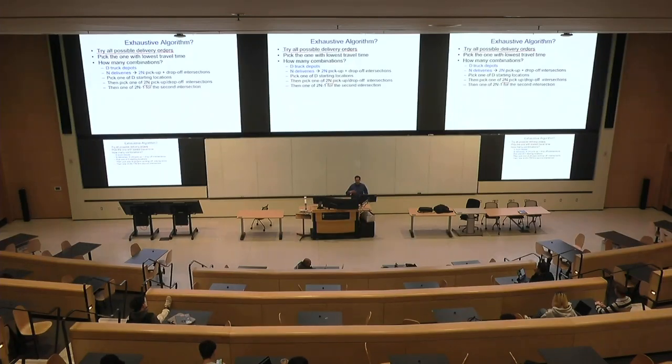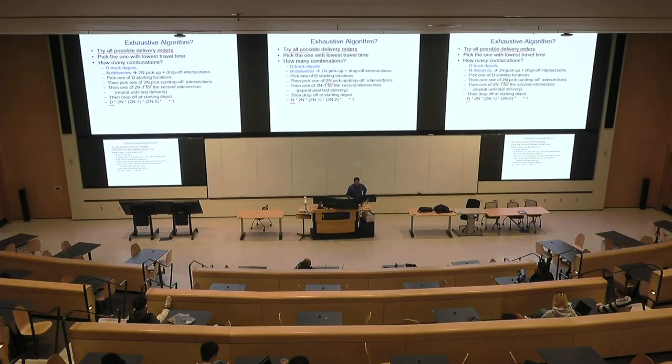Then I can go to 2N-1 for the next intersection, then 2N-2, and so on. I keep repeating that until I get to the last thing, which will be the last pickup or last drop-off. To be legal, it'll have to be a drop-off, but again, let's ignore that. Then I have to drop the truck off at the starting depot. That's just one choice. Okay, so how many choices is this?